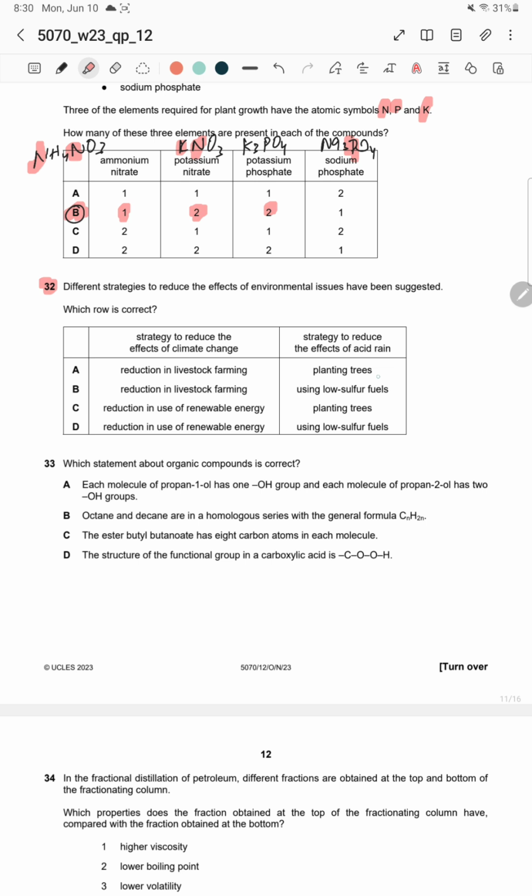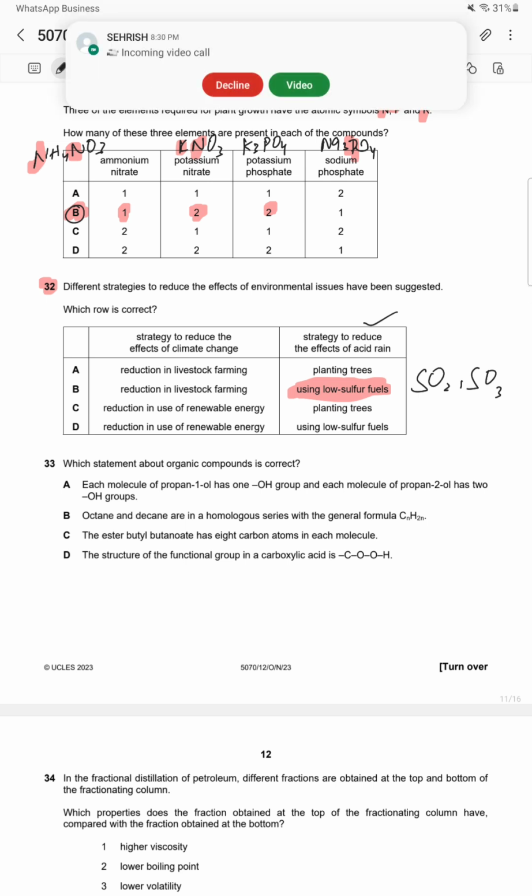Using low sulfur fuels, in fact students, will lead to less emission of sulfur and less formation of SOx. Those are SO2 and SO3. We are talking about reduction, not the eradication or prevention of something that is being formed.